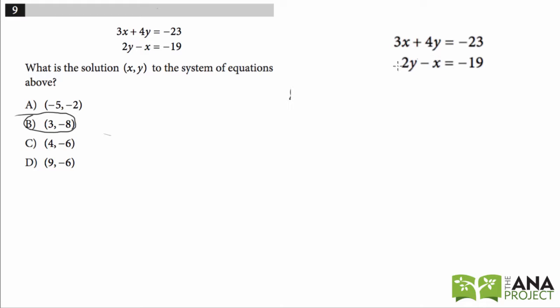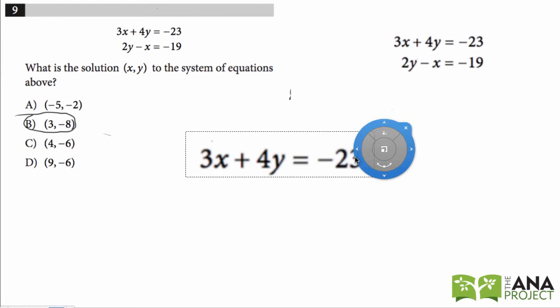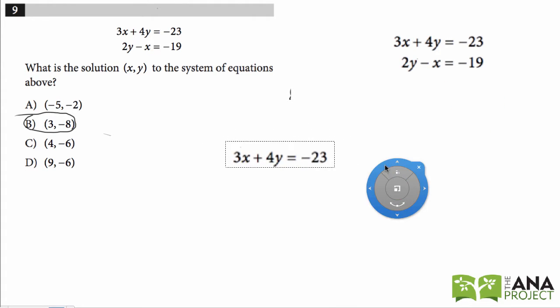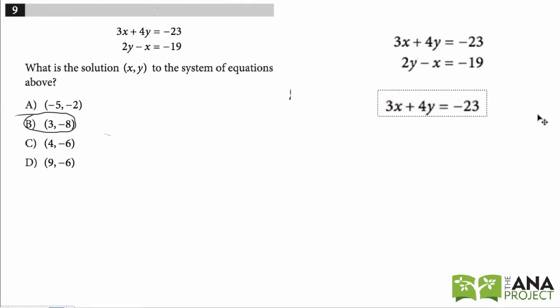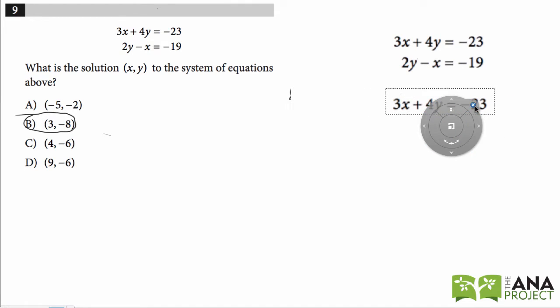The first thing I'm going to do is we're going to take this one as written. And then this second equation, I'm just going to rearrange so the x's and y's line up.